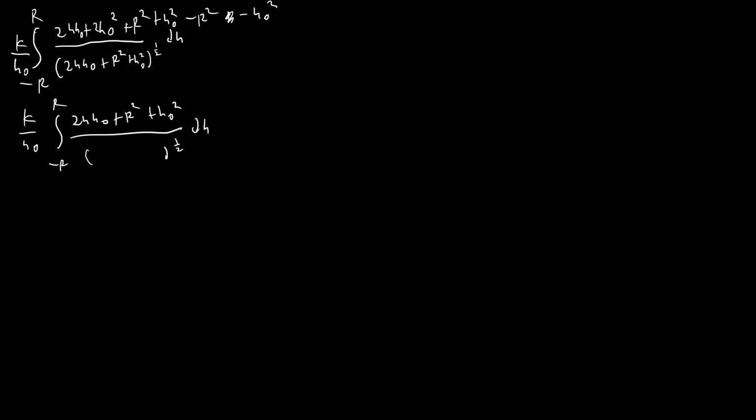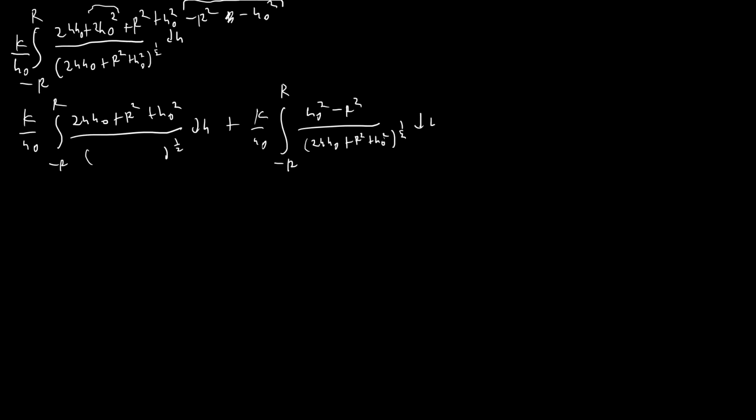And then we're going to end up with another integral where it's going to be this, this, and this, and so we're just going to end up with h0 squared minus r squared all over 2h h0 plus r squared plus h0 squared to the 1/2 dh.